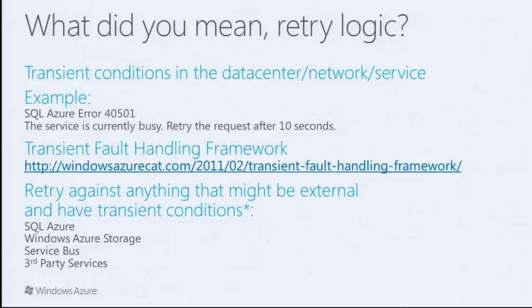Now all of our services have a finite amount of capacity within them. We've already talked a little bit about the performance goals of table storage and blobs. But SQL Azure also has throttling built into it as well. This is partly to protect the service, and partly to protect your application as well. You're going to experience times when you will get particular errors back.